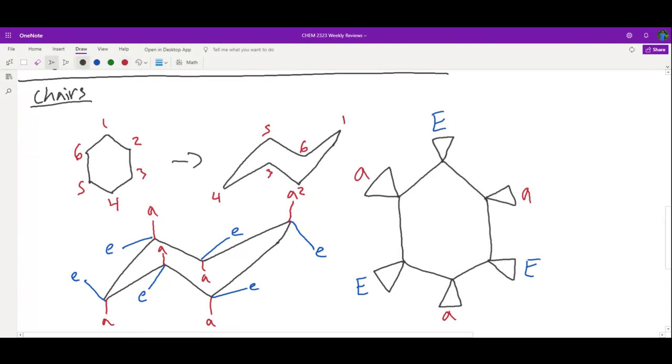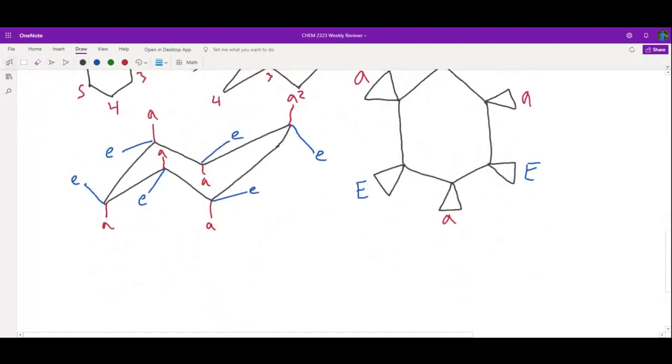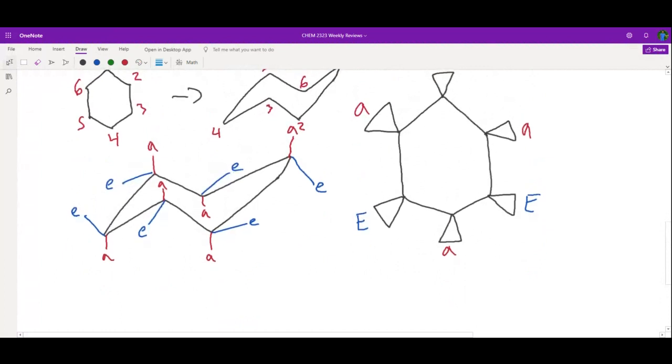So let's apply that logic to an example. Try to keep that in the picture. Let's say I have a t-butyl, which is on a wedge, and let's say I have a methyl there and a methyl there.